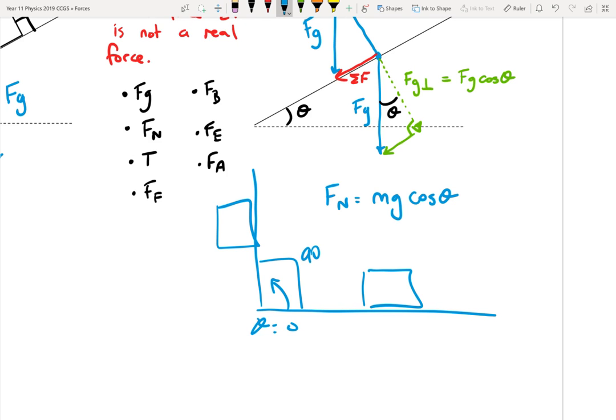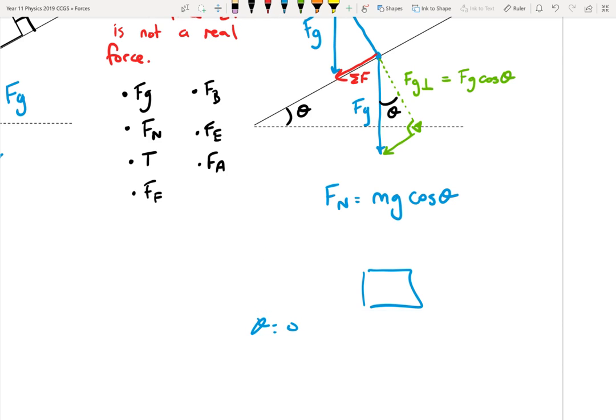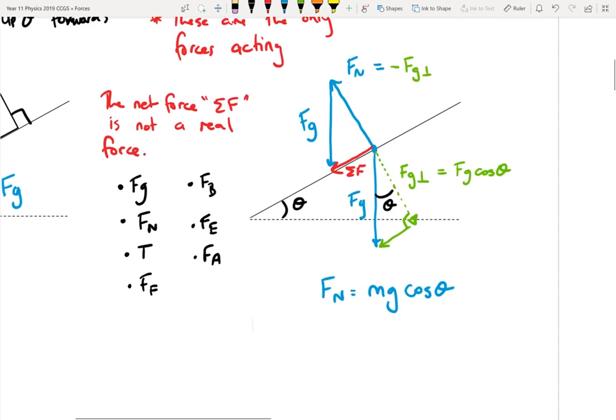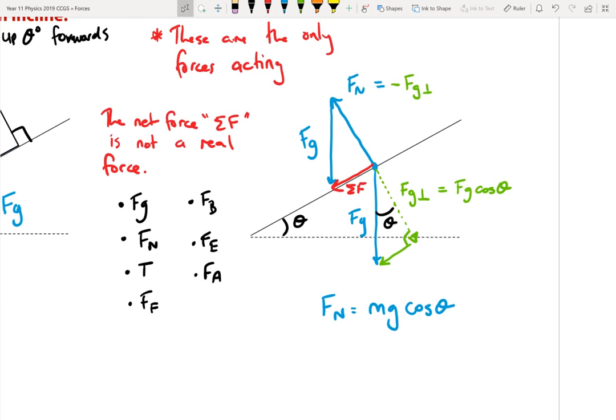If I placed an object on a vertical surface, the surface isn't pushing against it. In this example, I've left it with an angle of theta, and so at that point, we can say that the normal force is mg cos theta. If we know the mass, gravity, and the angle, you can figure out this magnitude.